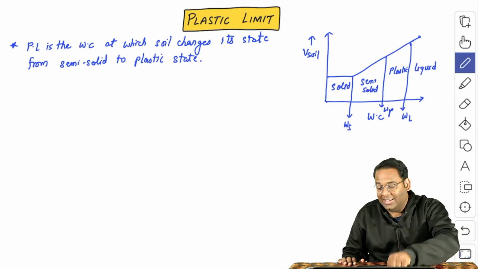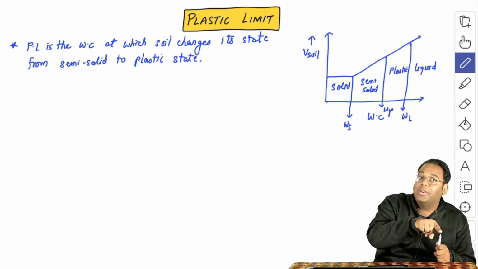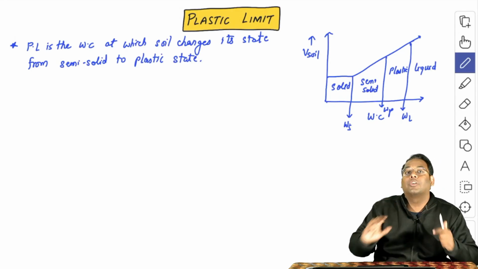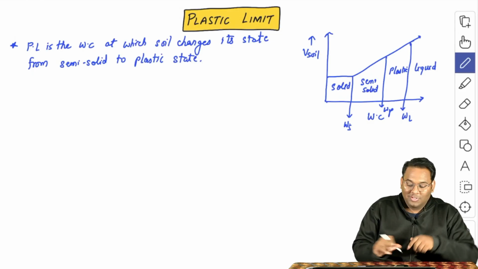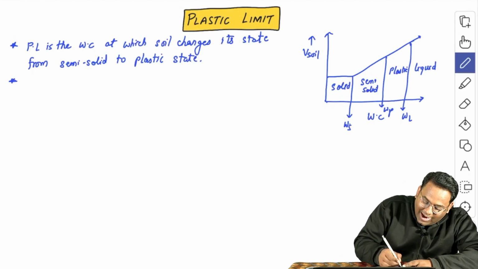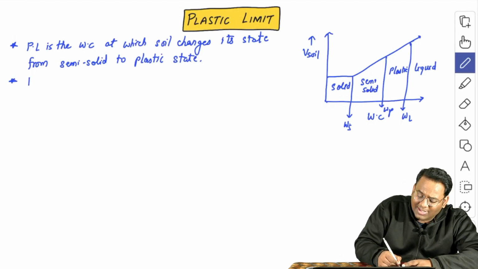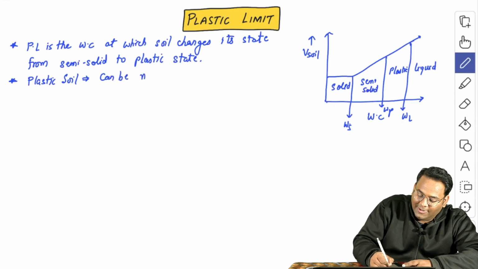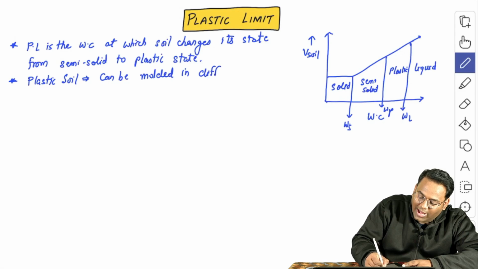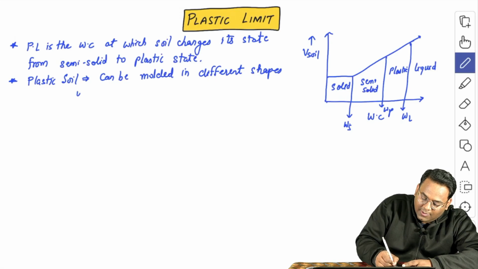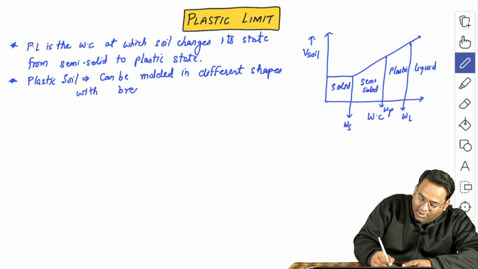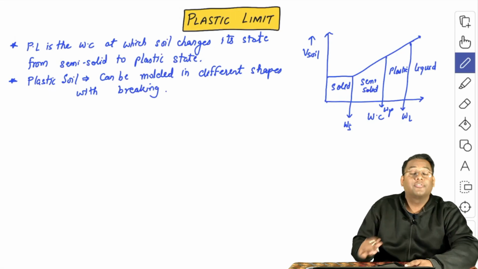That means we can say that molding without breaking is possible only if there is some force of attraction between two molecules. So here I can write down that if a soil is plastic, that means plastic soil can be molded easily, in different shapes, without breaking of bonds.